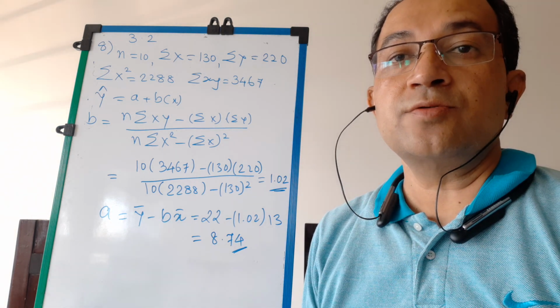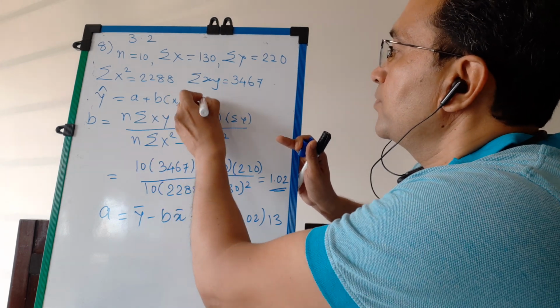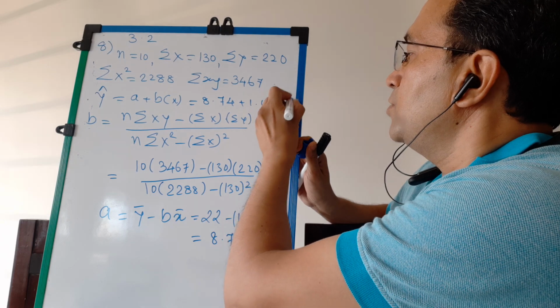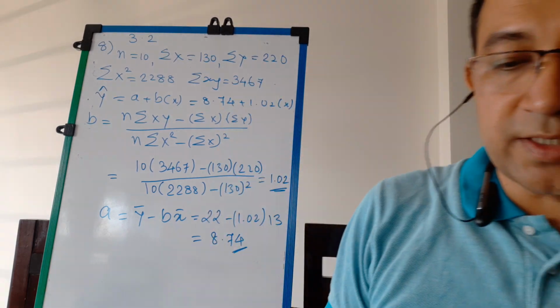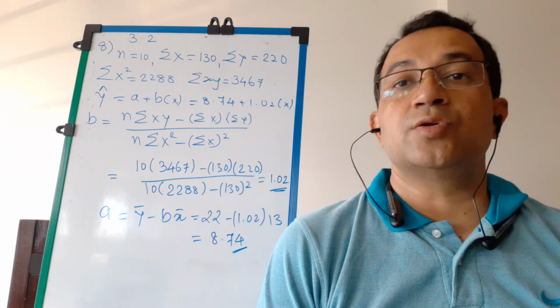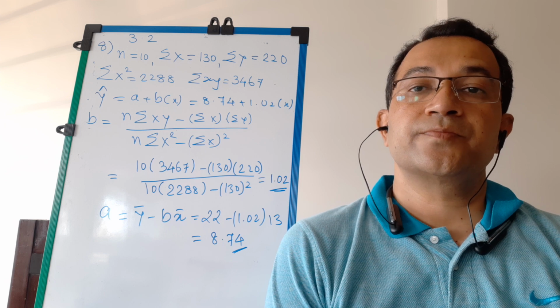So students, substituting the values of a and b, the regression line turns out to be 8.74 plus 1.02x. And it is told that when x is 16 rupees, find the estimate of y. That turns out to be 25.06 in 100 units.